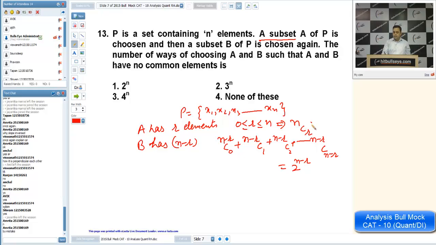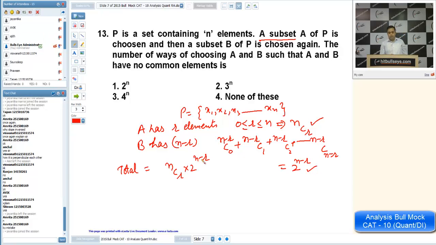So there are nCR ways of selection of A and 2 raised to power n minus R ways of selection of B. So total ways in which we can select these two sets are nCR into 2 raised to power n minus R. But here the value of R is a varying value, and it varies from 0 to n.